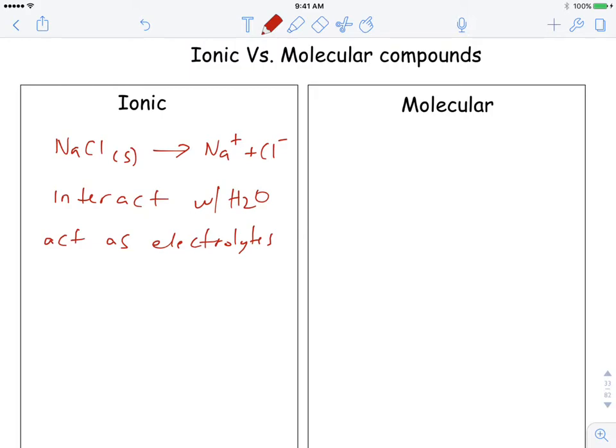And the other type of compound that will dissolve in water would be a molecular compound, and let's see what I mean by not guaranteed to be an electrolyte. So the first thing is that you could have two types. You have the ones that are electrolytes versus the ones that are non-electrolytes. So the ones that are electrolytes are acids and some bases.